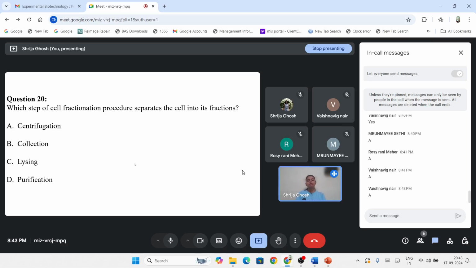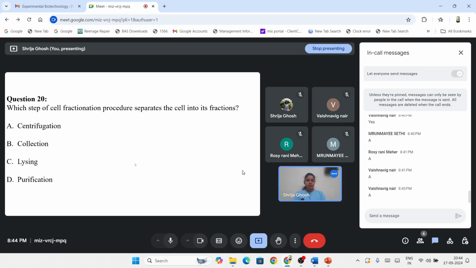So which of the following steps of the cell fractionation procedure separates the cells into its fractions? Okay, we have one answer, option A, that is centrifugation.